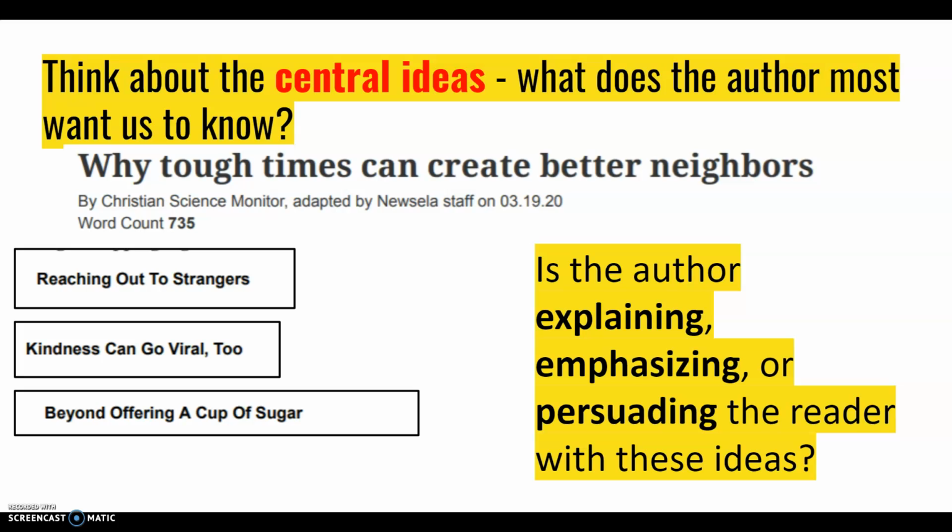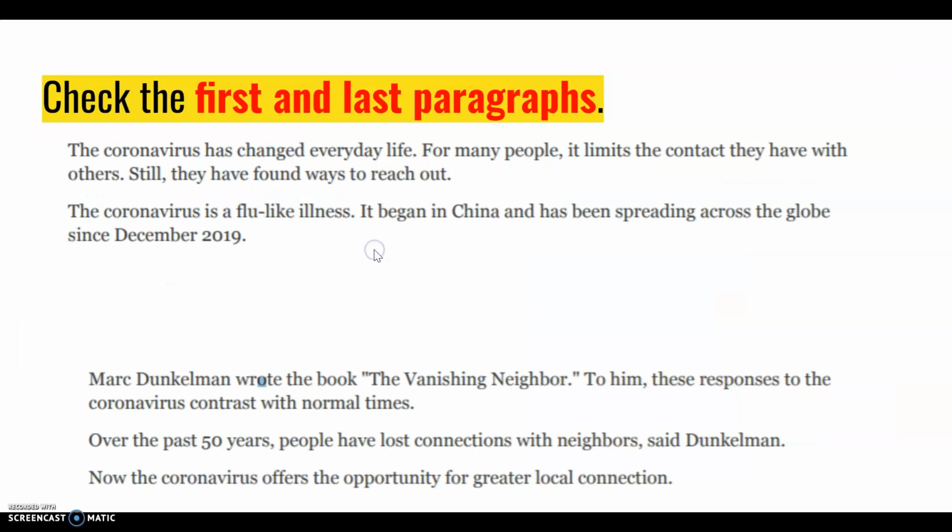Well, I can remember that the author was giving lots of explanation in these subsections, explaining what people are doing to become better neighbors and to connect with each other. But there were also parts where the author was persuading the reader to become a better neighbor. So I'm going to continue to try to figure out why the author wrote this text.